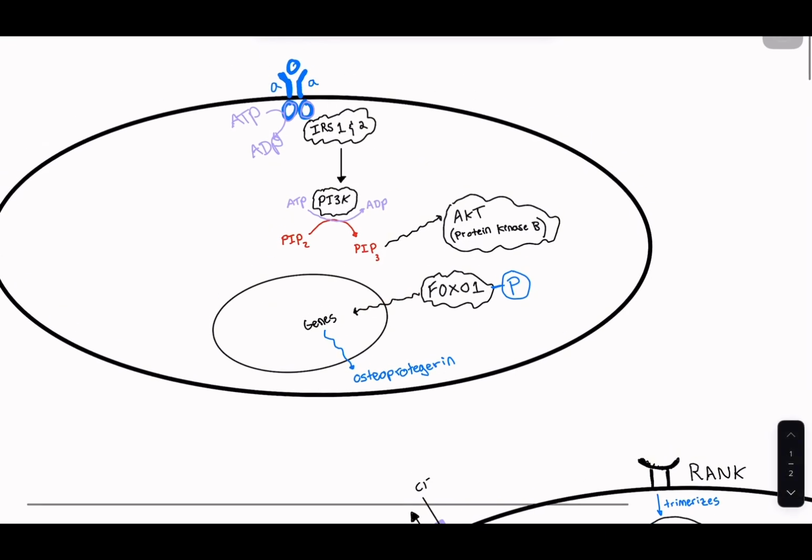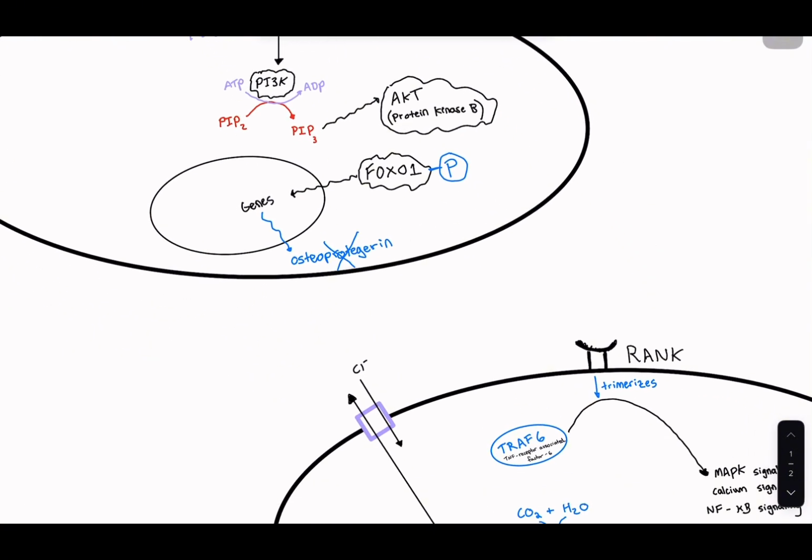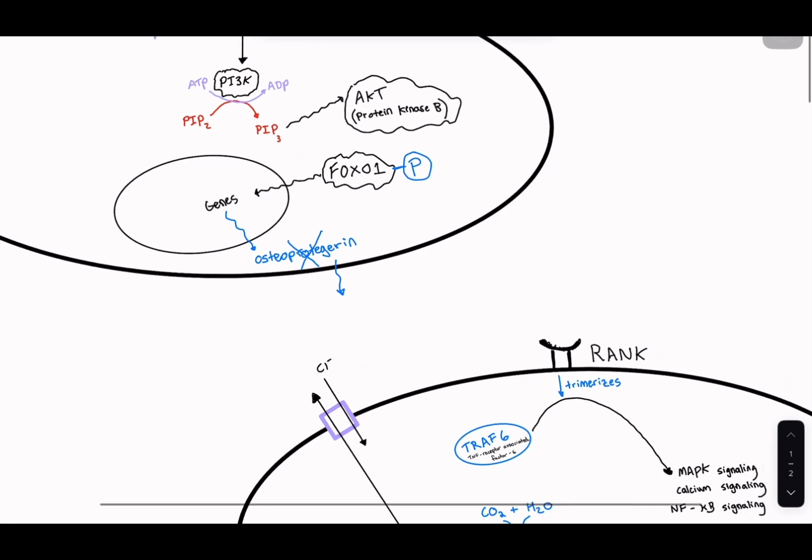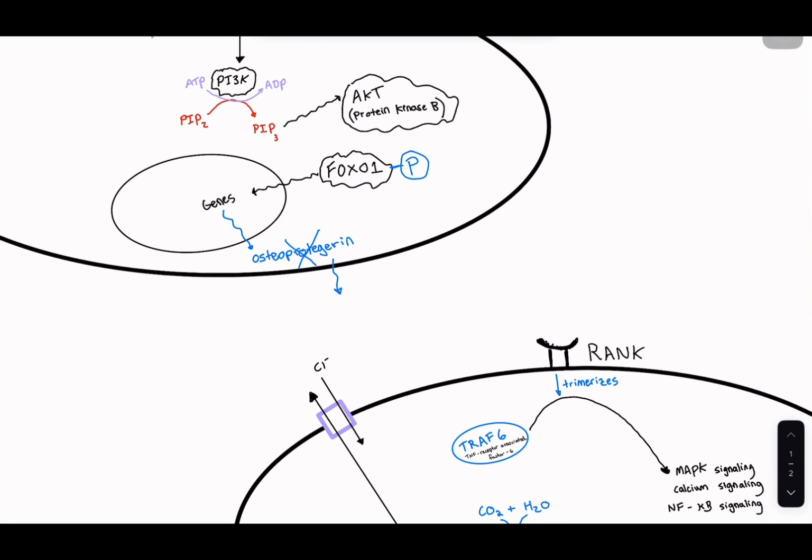But if insulin's binding to the insulin receptor, FOXO1 is phosphorylated, therefore we are producing less of this protein. This protein is released out into the interstitial space of this osteoblast, and it looks like a little receptor. It's produced and released out into the interstitial space.